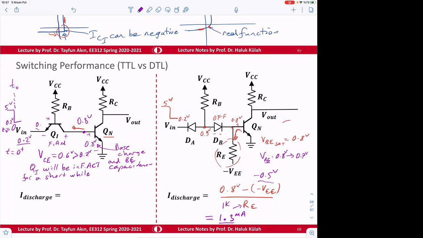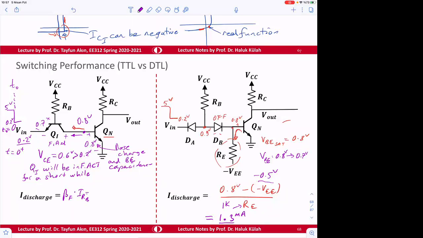So therefore, we can calculate that. This is 0.7 volt, and then we can calculate this current in this direction. That current is not coming from the transistor base in normal operation, but it is coming from the capacitance in the base emitter. So that current is going to be beta F times IRB, and that's the base current.